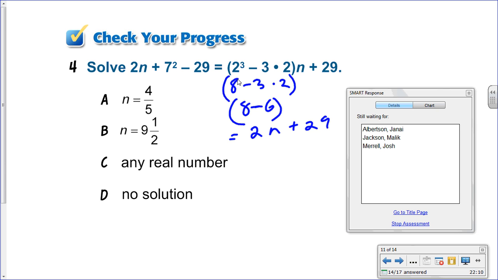Just work across those spots. Those are not like terms, you can't combine them. Now I can multiply this by two again. Plus 29. Okay.